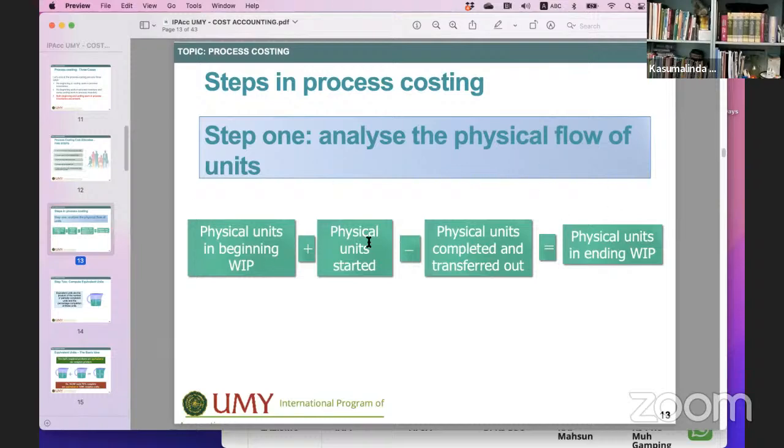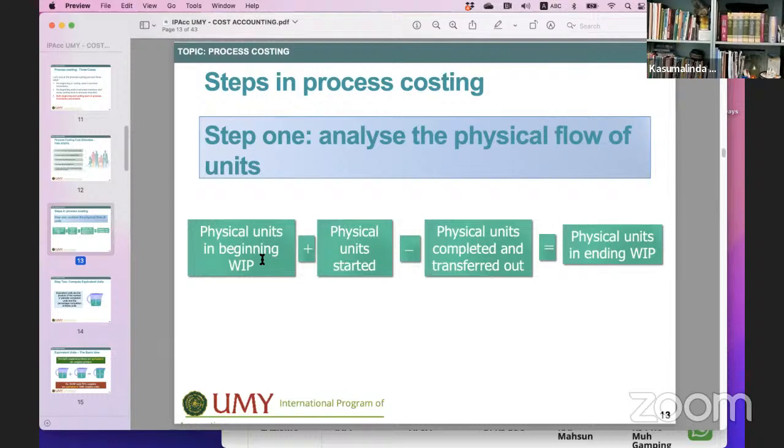The form of the equation is beginning work in process plus units started, minus units completed, equals units in ending work in process. Actually, it is nothing new.